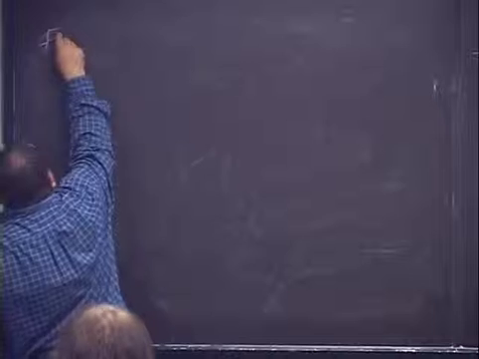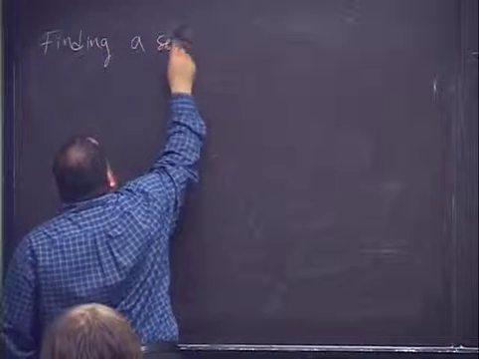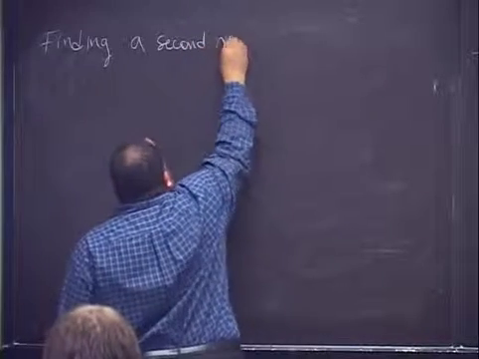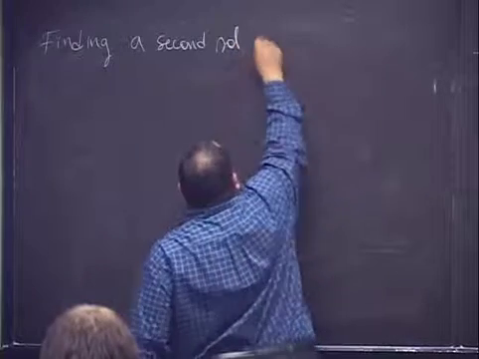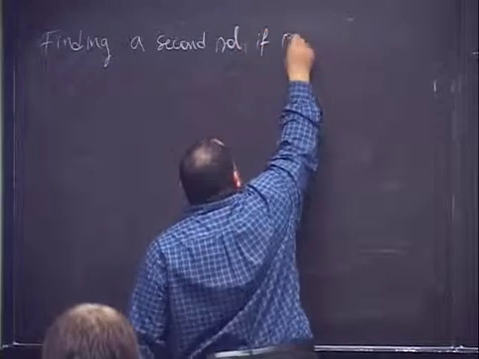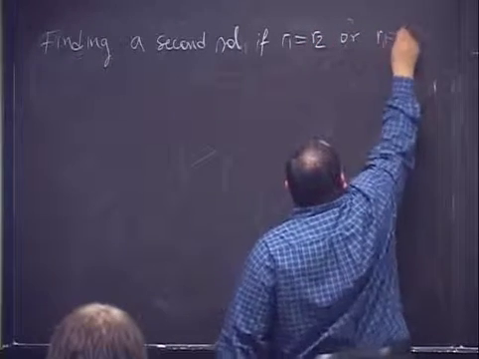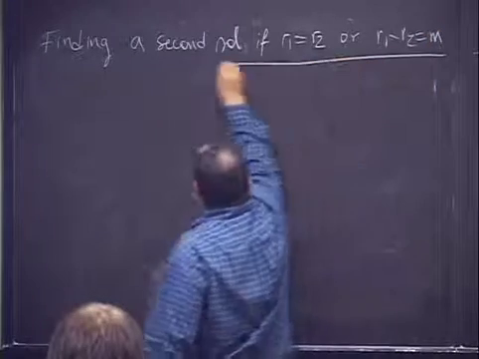So this is finding a second solution if r1 equals r2, or r1 minus r2 equals M, where M is an integer.